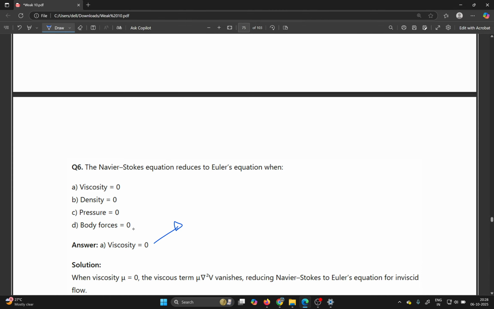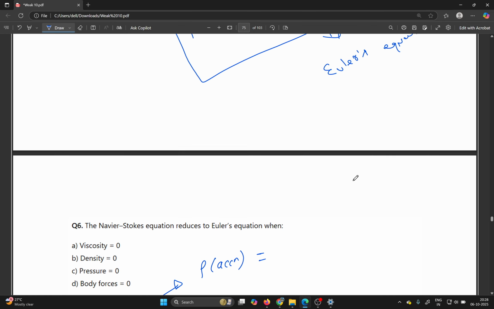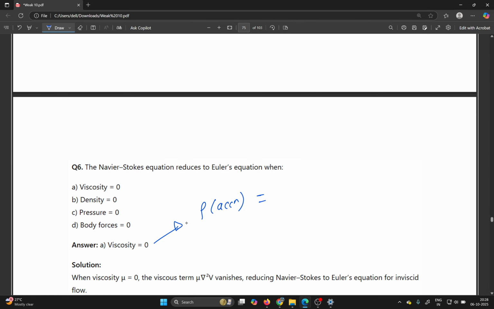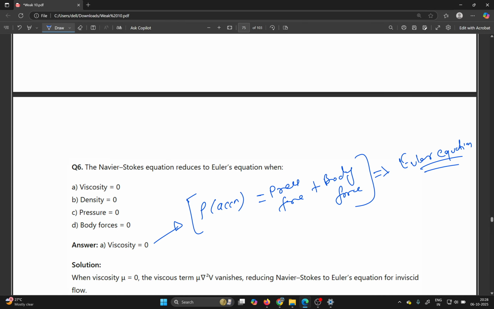But actually the flow has viscosity. So that's why we say the Navier-Stokes equation shows the actual representation of the flow, but not the Euler equation. Pressure force plus body force, this represents your Euler equation. Very important.